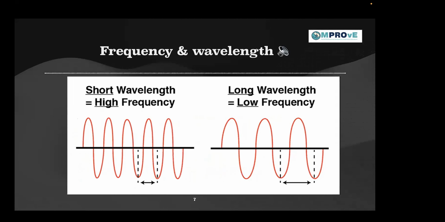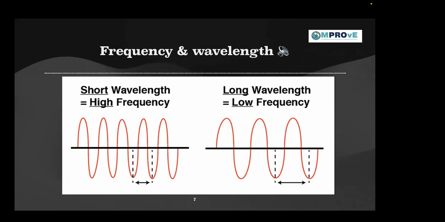So in terms of frequency, this is how I think about it. It is the number of ultrasound waves generated every second. Hertz is the unit of frequency. So if you have a higher frequency, that means you are generating more ultrasonic waves.